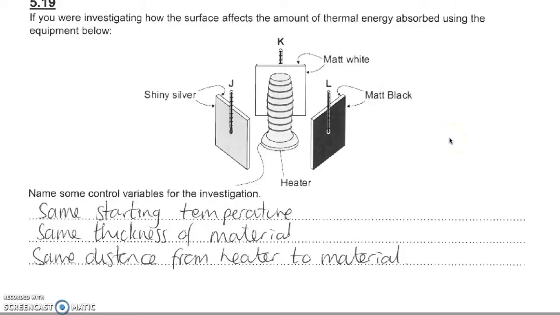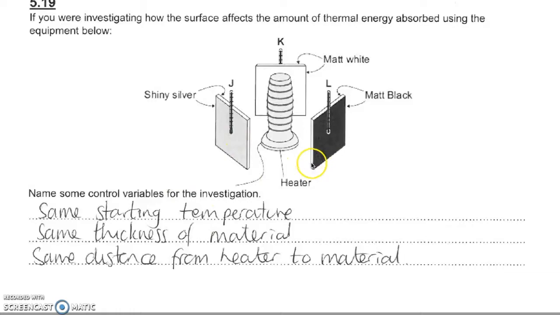Okay, so we're going to now look at which one of these surfaces is best at absorbing thermal radiation. So we've got a non-shiny black surface, a non-shiny white surface, and then a shiny silver surface. They've all got thermometers attached to them. What type of control variables are needed for this experiment? Well, we should have the same starting temperature, that's a good idea.